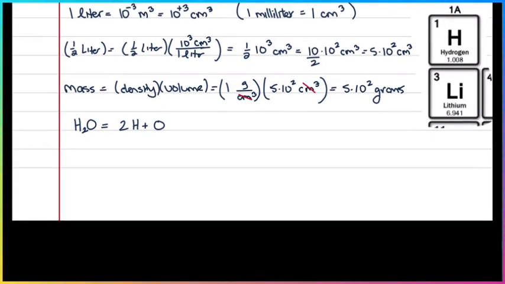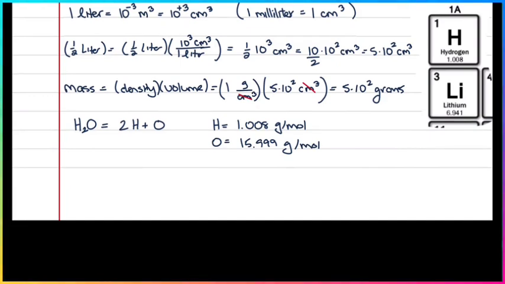So, how does this help us? That means that hydrogen is 1.008 grams per mole, and oxygen is 15.999 grams per mole. Then H2O, which would be 2 H plus 1 O, suggests that it should be essentially 18.